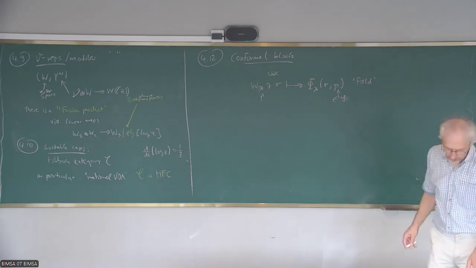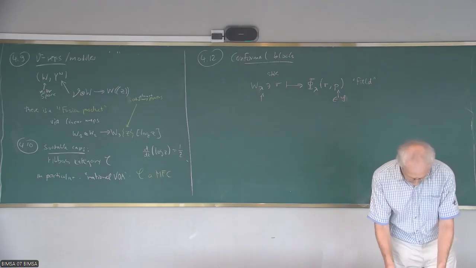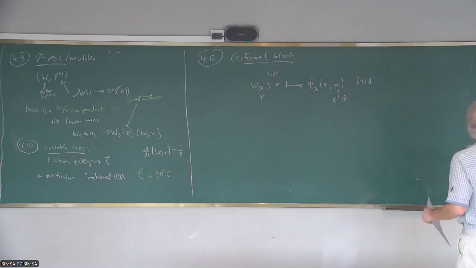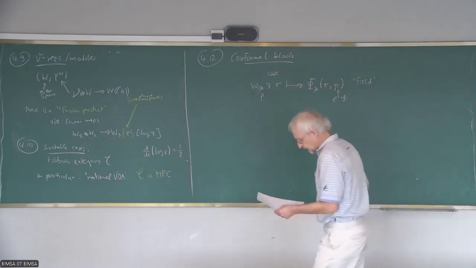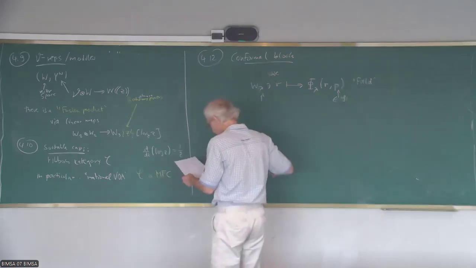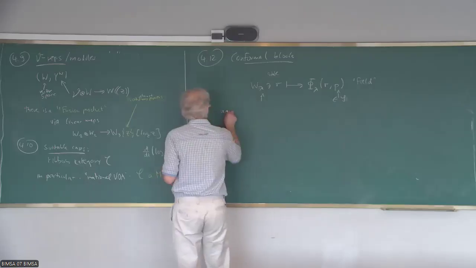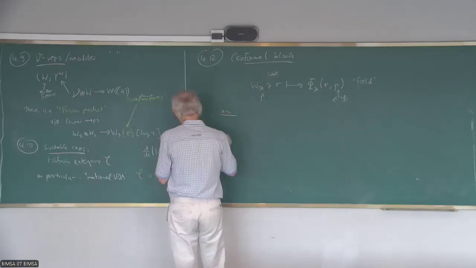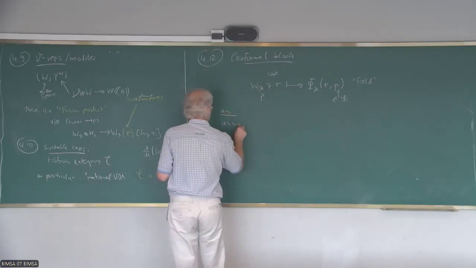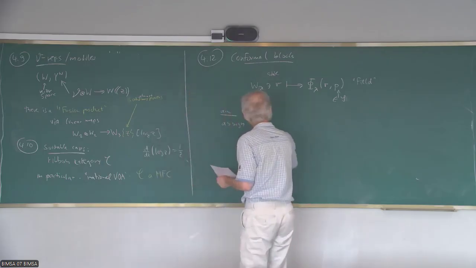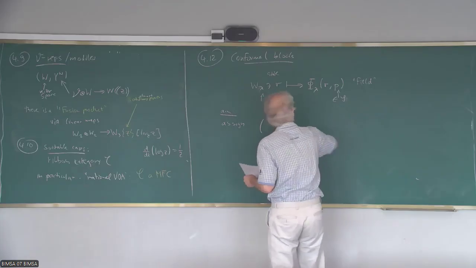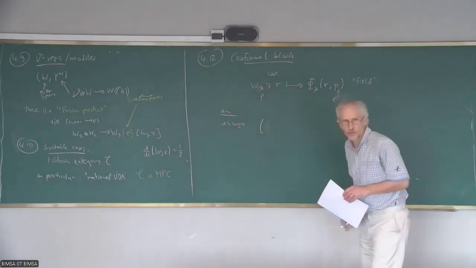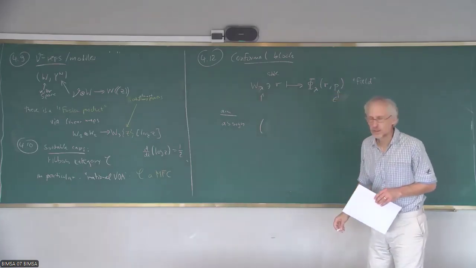Anyhow, use conformal blocks in a suitable way. And I'm already over time, but let me still write something here. The aim is that one assigns to, oh, I should not write worldsheet because I use that for the full conformal field theory.